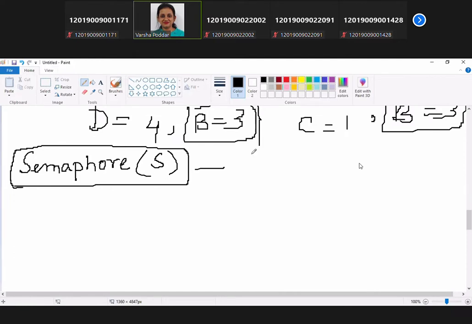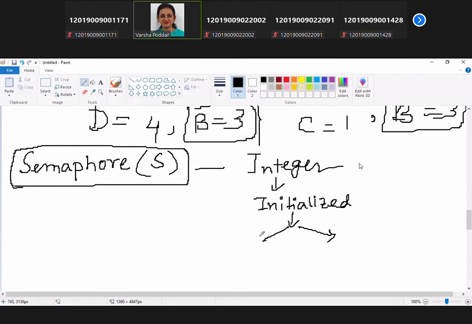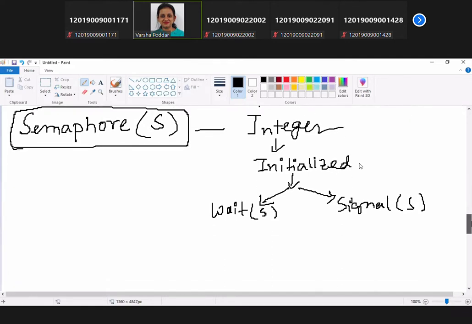A semaphore is an integer which at first will be initialized with some value. After initialization, it can be used using two functions: one is the wait function and one is the signal function. Understand this semaphore very well.